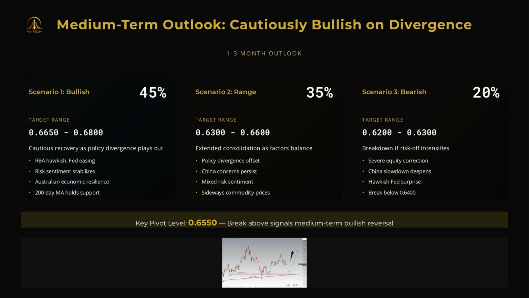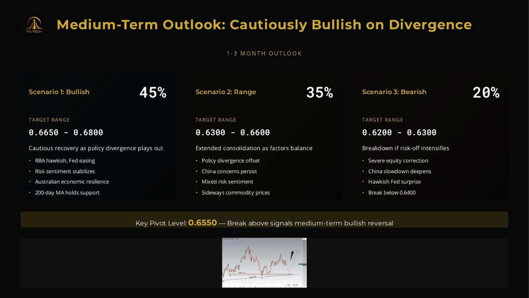This scenario assumes RBA-Fed policy divergence plays out as expected. The Reserve Bank maintains its hawkish stance while the Federal Reserve continues easing. Additional drivers include stabilizing risk sentiment, Australian economic resilience, and the 200-day moving average holding as support.